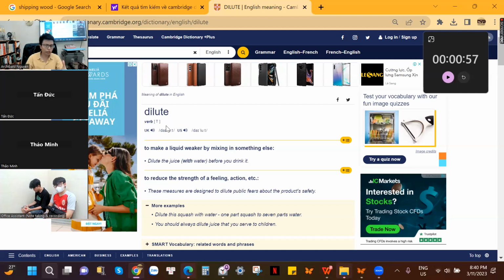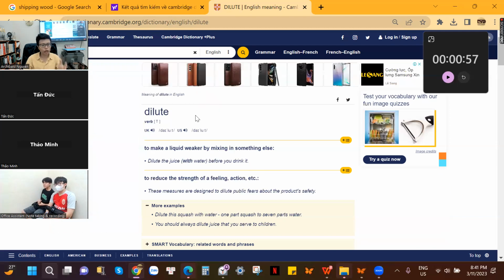So I need to dilute my coffee with sugary water, with sweet water, in order to make my coffee less bitter. If I don't mix the sugary water with my coffee, I'm going to have a heart attack because of too bitter coffee. So that is my situation for the word dilute when it comes to coffee.